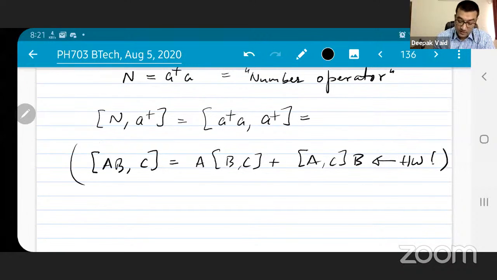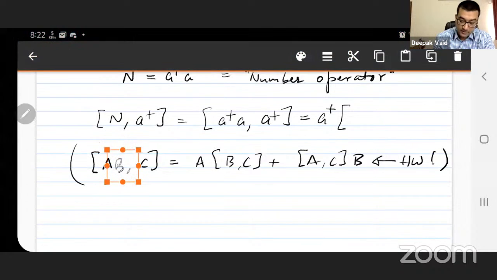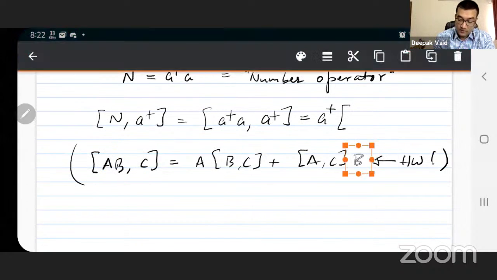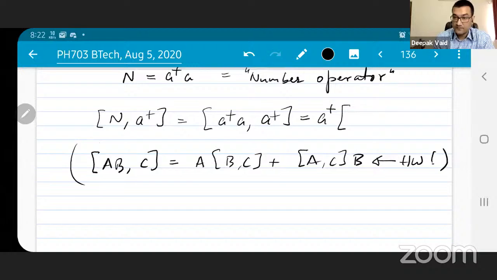So if you apply this expression over here, this guy goes on the left. When you look at this kind of commutator, the term on the left is A and the term on the right is B in the product. So the left term comes out and is put on the left in the first expression, and in the second expression, the term on the right comes out and is put on the right. It's simple enough.